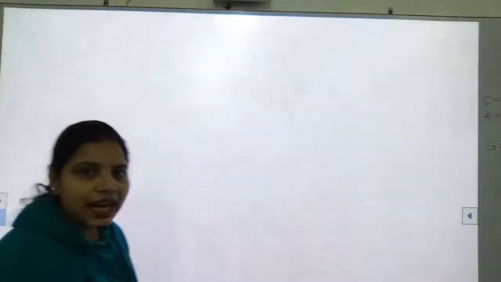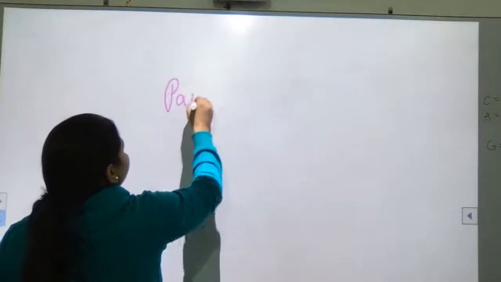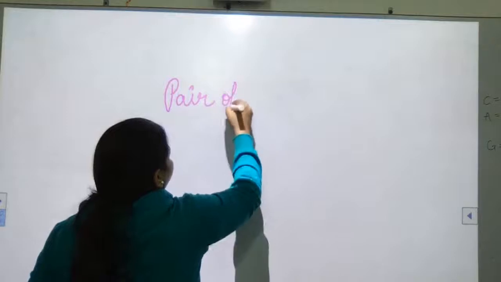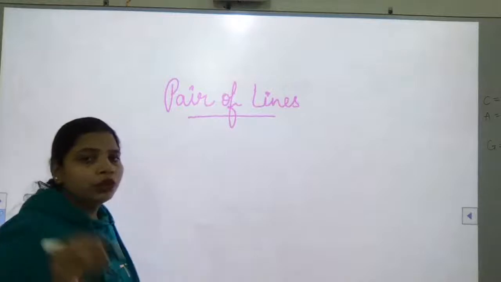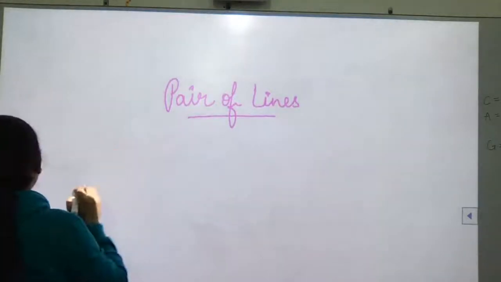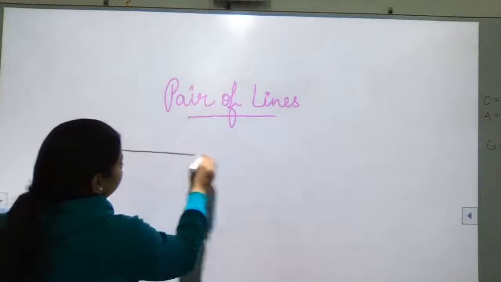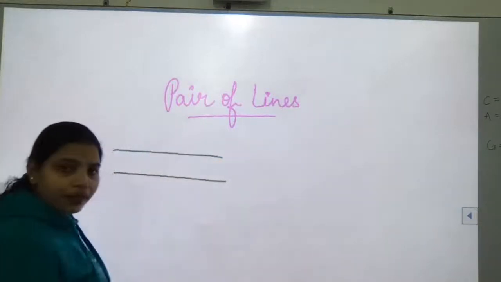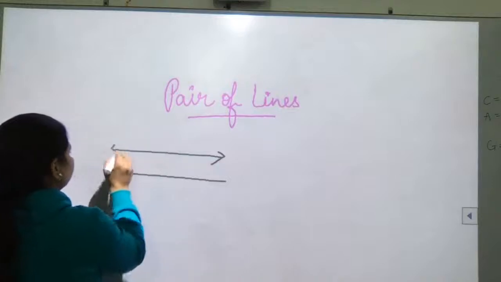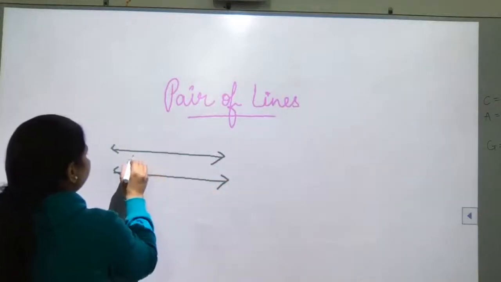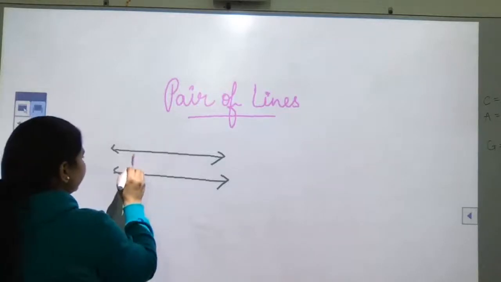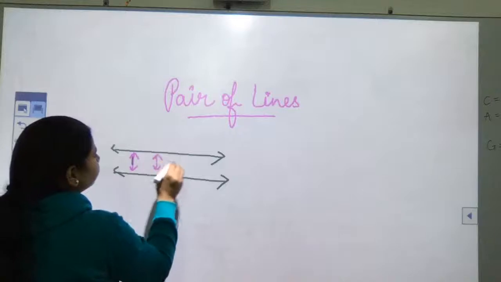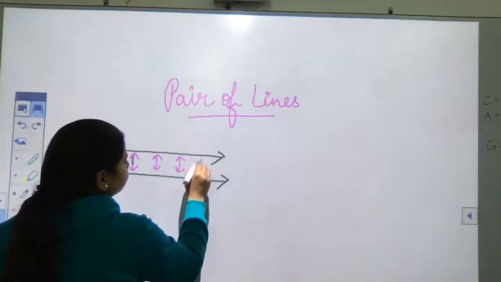Now, after types of line, if we have a pair of lines, if two lines are drawn in such a way that they will never meet, this is line 1 and this is line 2, and they have an equal gap between them at every point.